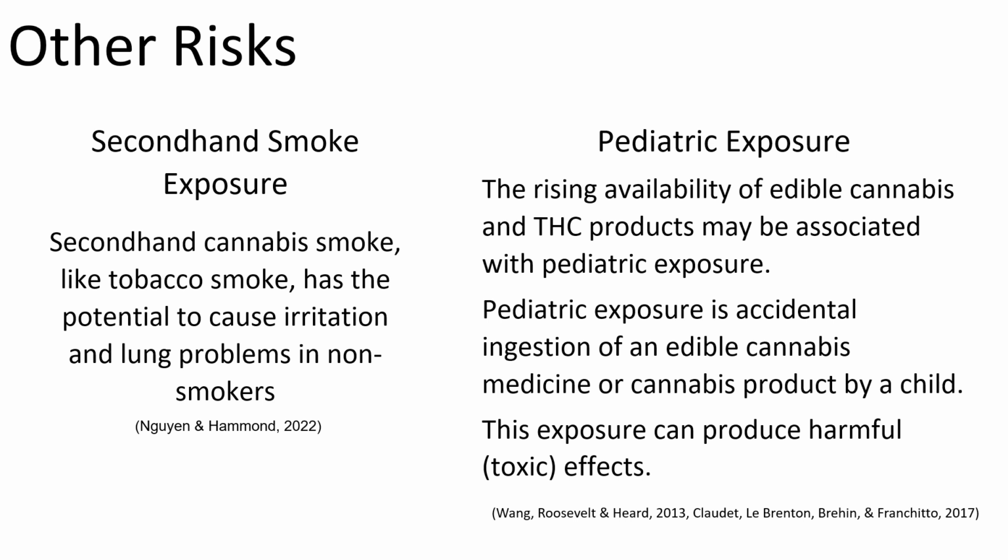Secondhand cannabis smoke has the potential to cause irritation and lung problems in non-smokers. The rising availability of edible cannabis and THC products may be associated with pediatric exposure. Pediatric exposure is accidental ingestion of an edible, cannabis medicine, or cannabis product by a child. This exposure can produce harmful or toxic effects.